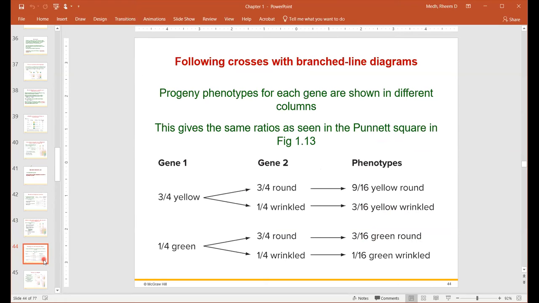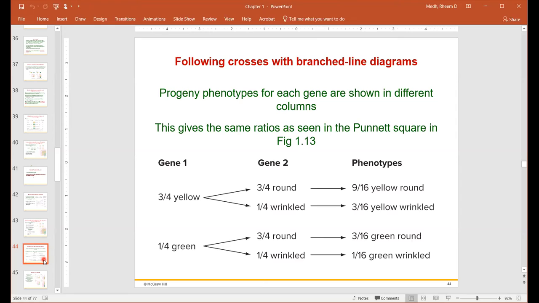Okay, so that was one way to do it, applying the product rule. The other way is branched line diagrams. So out of this cross, again, I'm going to have to write this up.